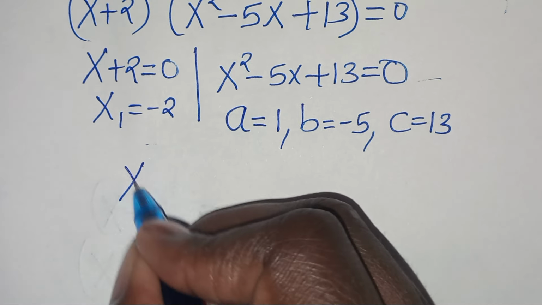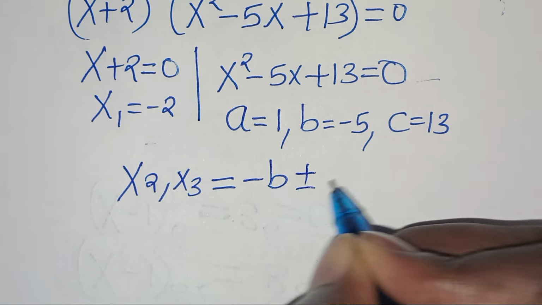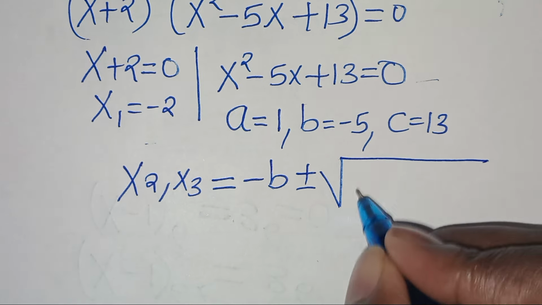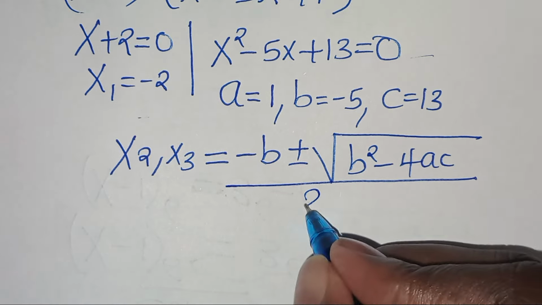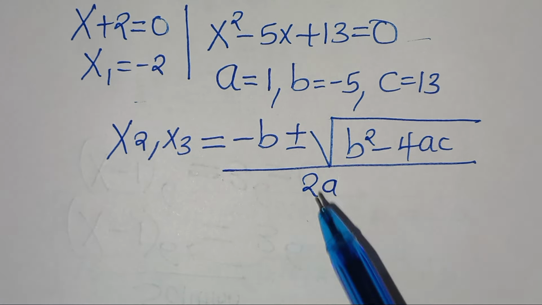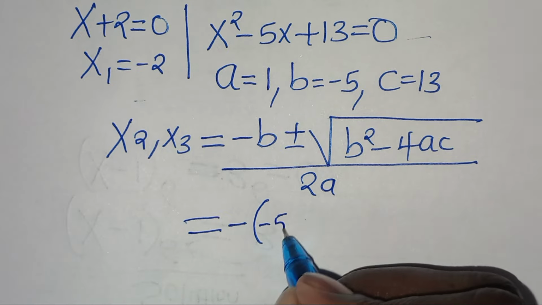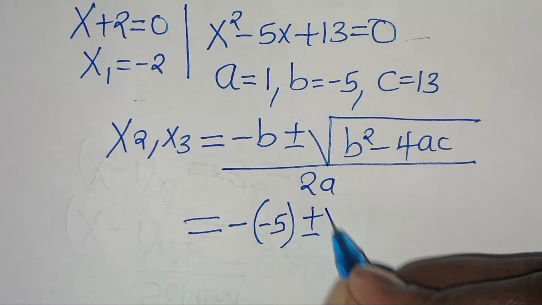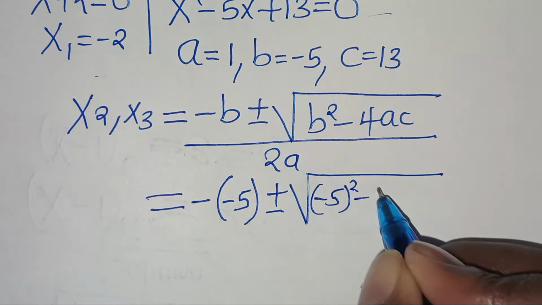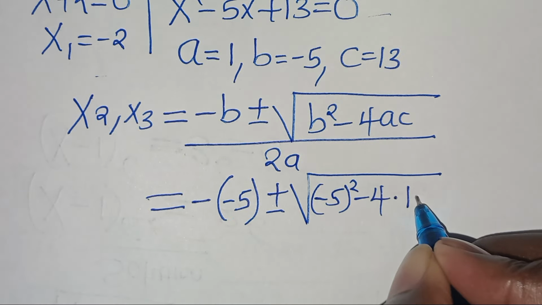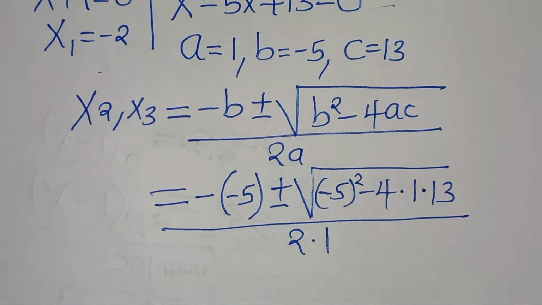So we can solve for x2, x3 by applying the quadratic formula, which is (-b ± sqrt(b^2 - 4ac)) / 2a. Let's substitute a, b, and c, so that now this is (-(-5) ± sqrt((-5)^2 - 4 times 1 times 13)) / (2 times 1).